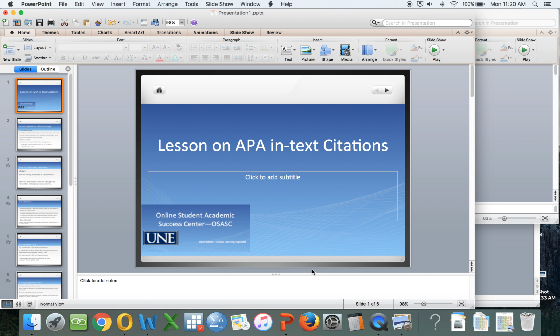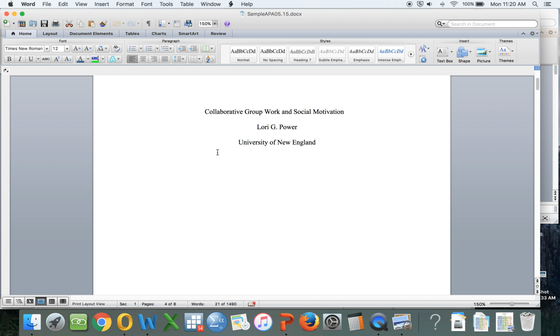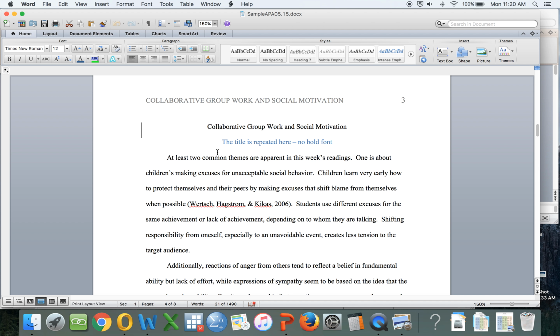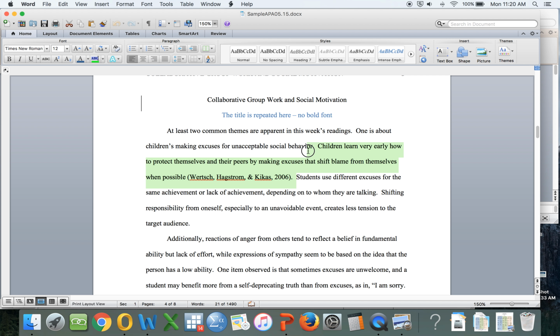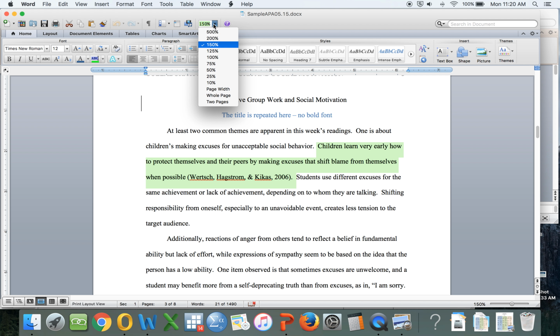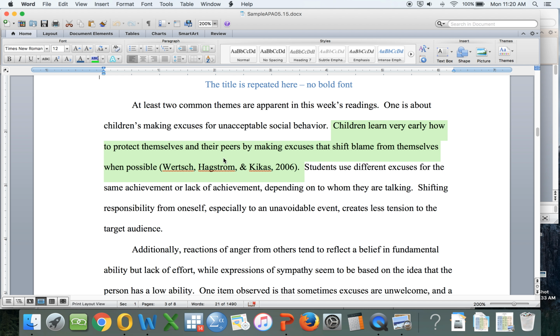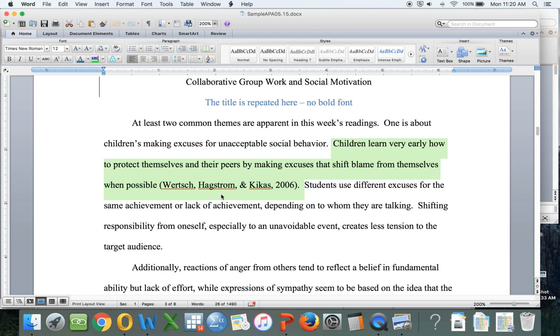Okay? So let's take a look real quick at the sample paper, and let's go over a couple of these examples. This right here is a paraphrase, and I know this is a paraphrase because I have no page number. Here are 3 authors.